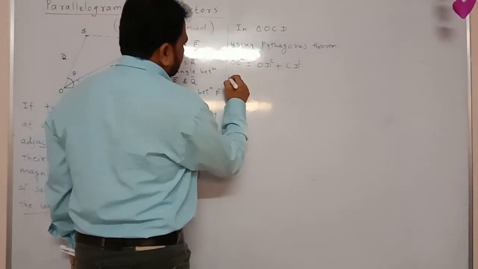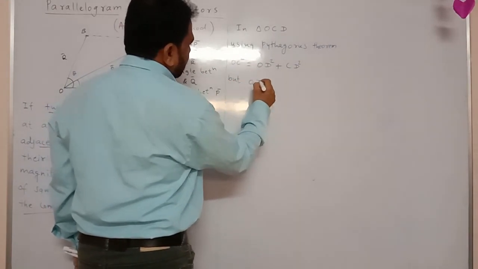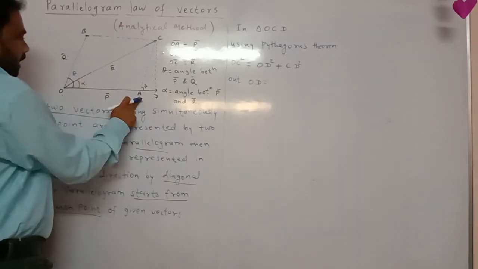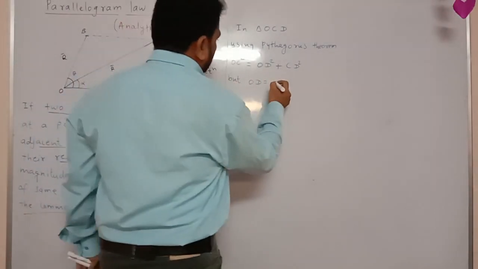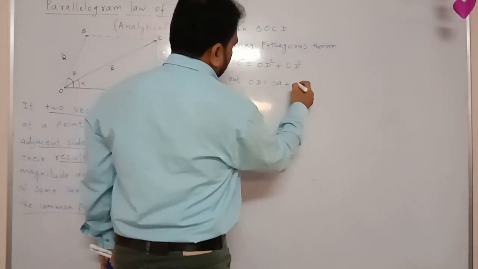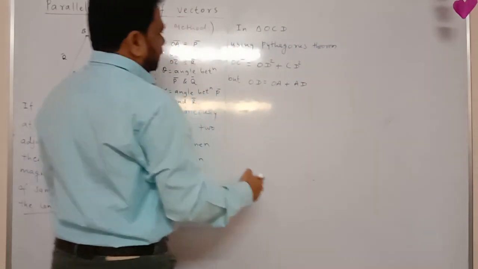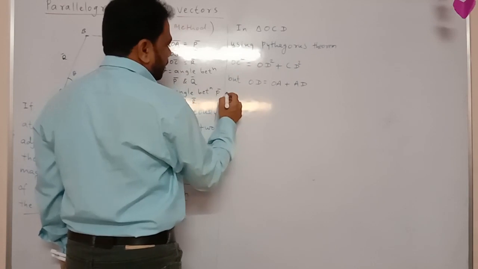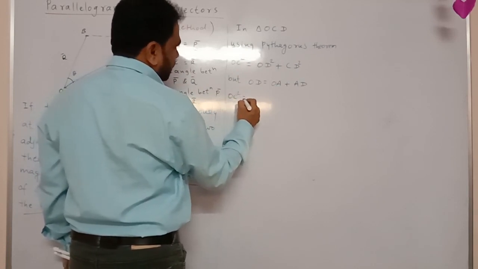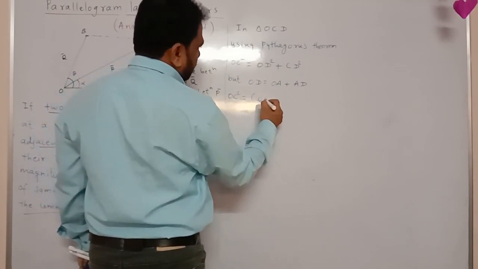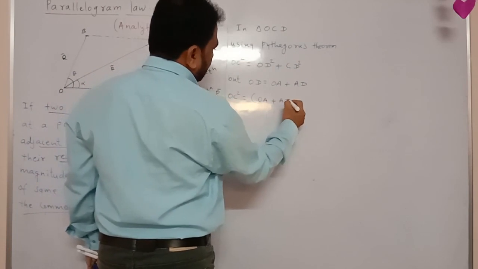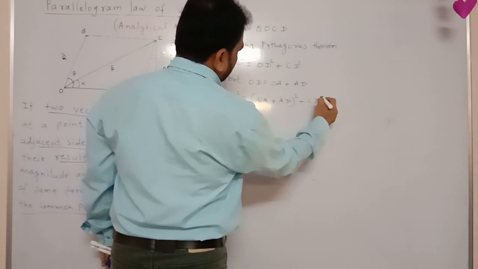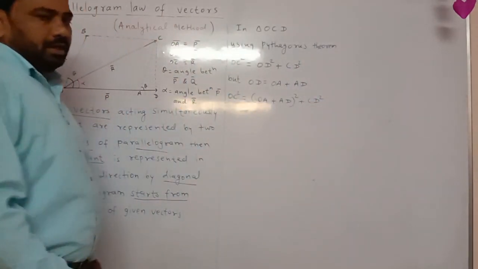But here OD is equal to OA plus AD. We can substitute the value of OD here, that is OC square is equal to (OA plus AD) whole square plus CD square.